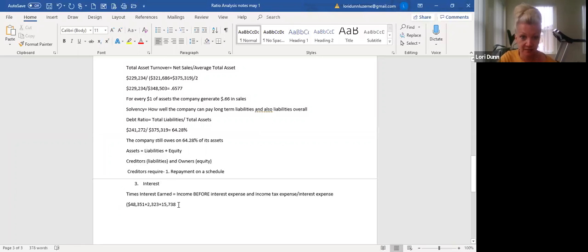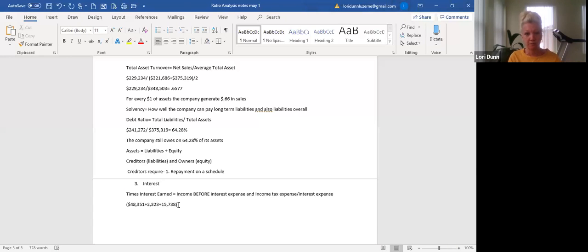Now, why do we add these things back? Because we want to know how much did we make this year, basically, to pay interest expense. That's where the company gets their money to pay interest from the earnings. They can't borrow it from the owners or go out and get a loan to pay interest.